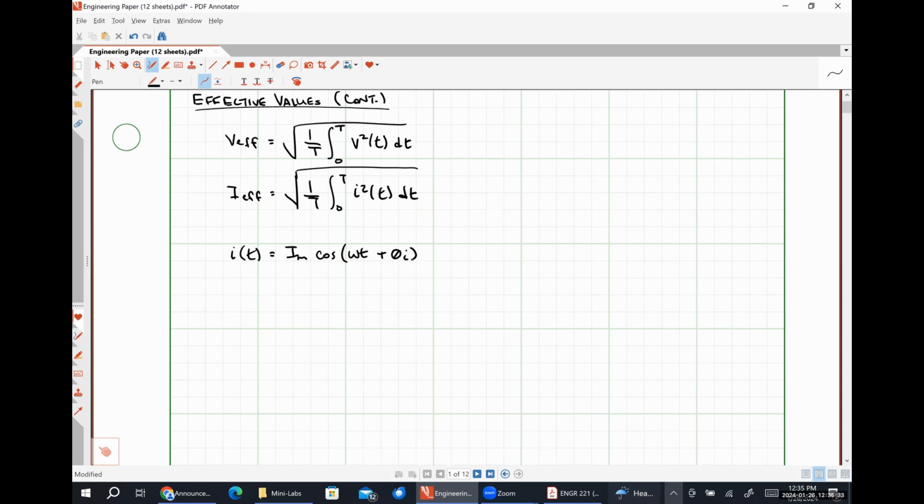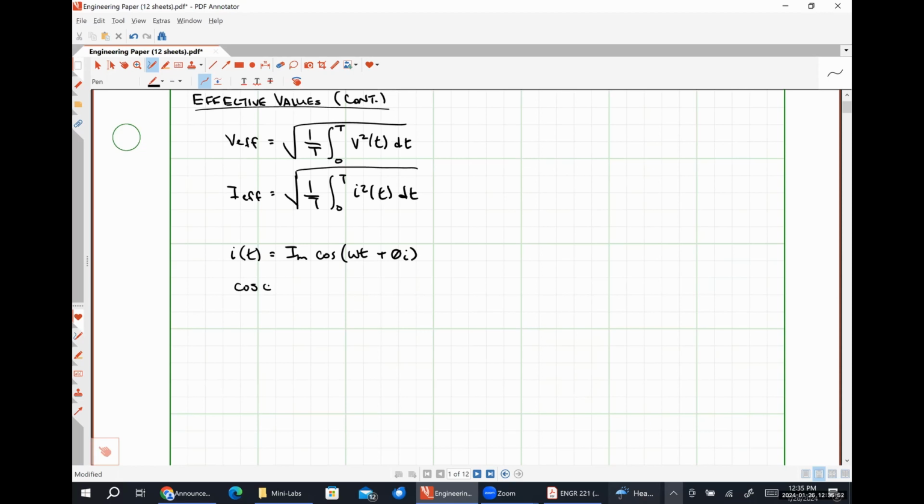Because we're squaring our signal, I'm going to make you aware of a trig identity that I'm going to wind up using. Technically, I've already used it in this class before, and I used it numerous times in Circuits 1. And that trig identity is as follows.